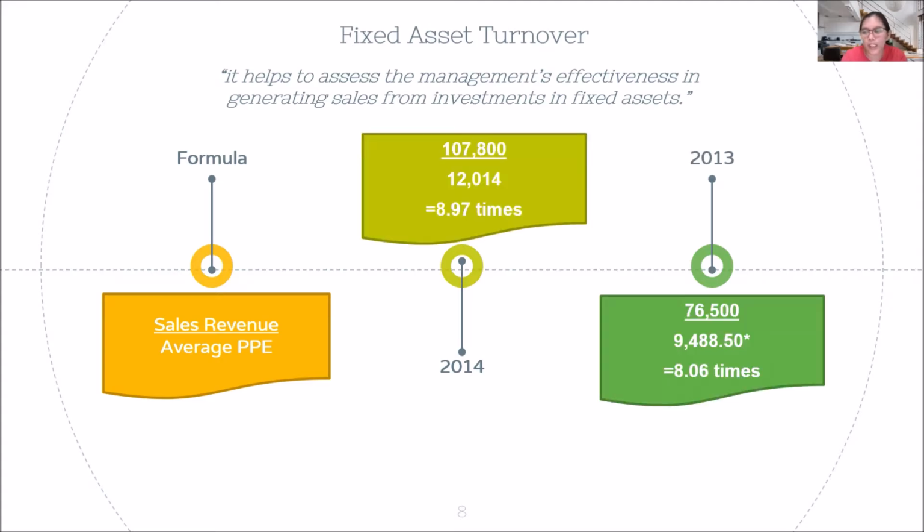Then, in 2014, it's 8.97 times and 8.16 times in 2013. So meaning there is an increase, no? There is a 0.91 increase in our fixed assets turnover. Later, let's compare with other assets such as inventory and receivables.